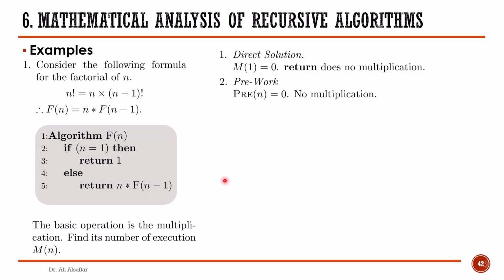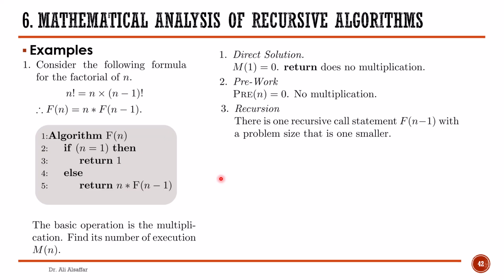Hence, the pre-work component is equal to 0. For the recursion component, there is one recursive call statement f(n minus 1) with a problem size that is smaller by 1. After returning from the recursive call, there is one multiplication. So the post-work component is equal to 1.